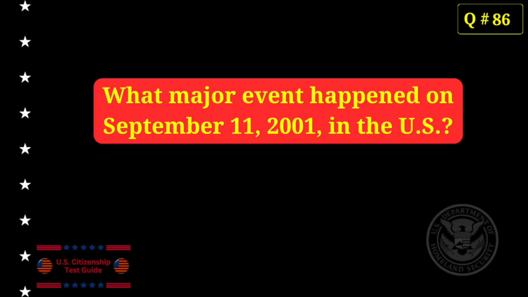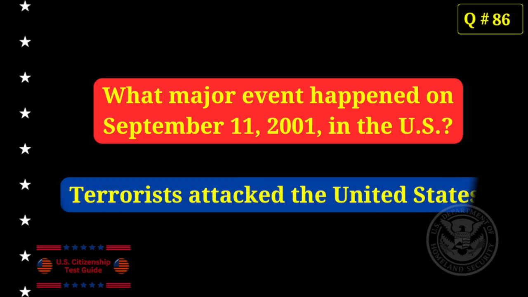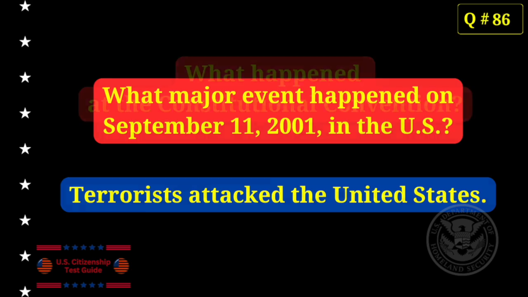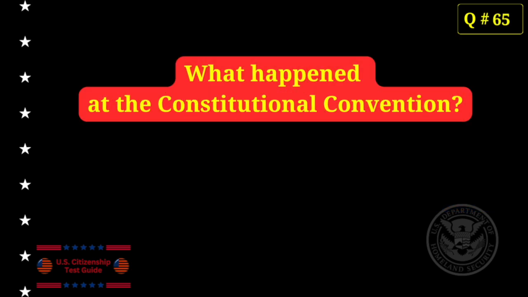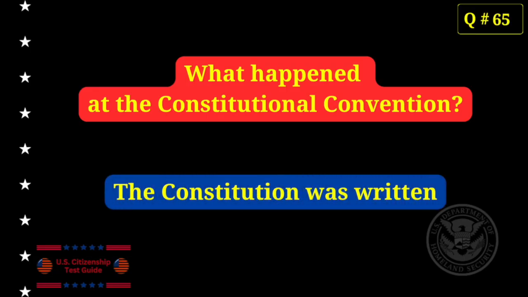What major event happened on September 11, 2001 in the United States? Terrorists attacked the United States. What happened at the Constitutional Convention? The Constitution was written.